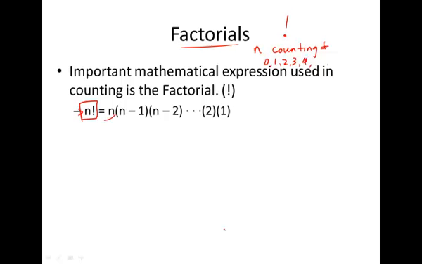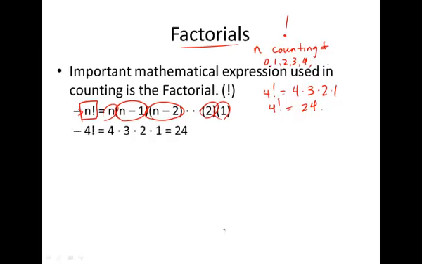You would take n and multiply by the number before it, called the predecessor, times its predecessor all the way down to 2 and 1. So 4 factorial, for example, would be 4 times 3 times 2 times 1, which is 12 times 2, which is 24. Okay, so that's what we mean when we say factorial. The exclamation point in math means factorial.